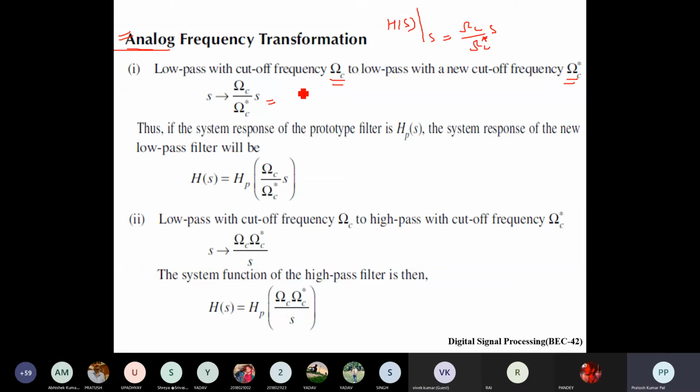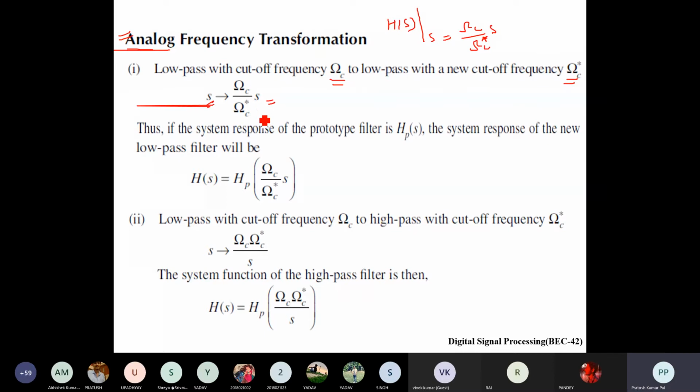This is how the replacement is made, and then the new low pass filter will have a cutoff frequency of omega c star.